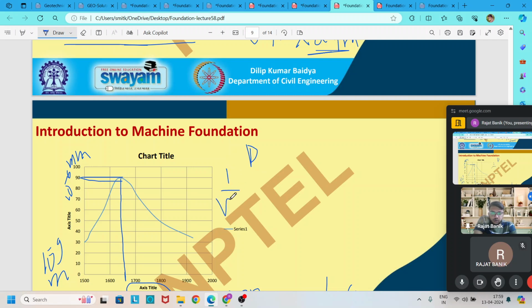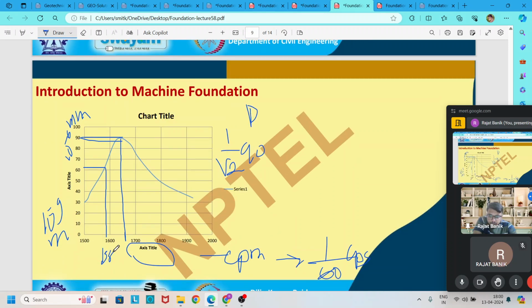At 1 by root 2 of this 90, which is equal to 63, one frequency is 1580 and another is 1740.